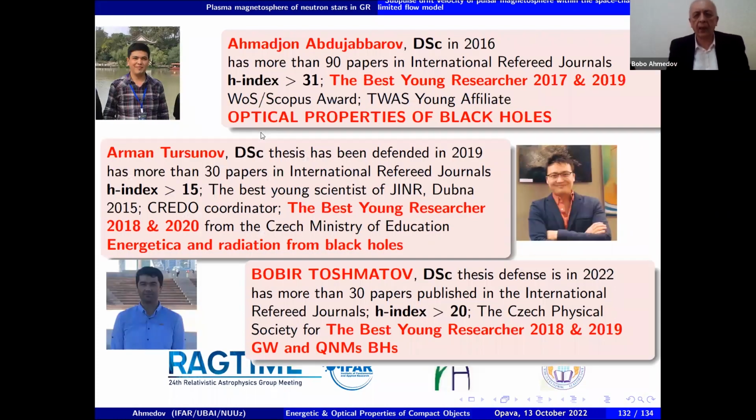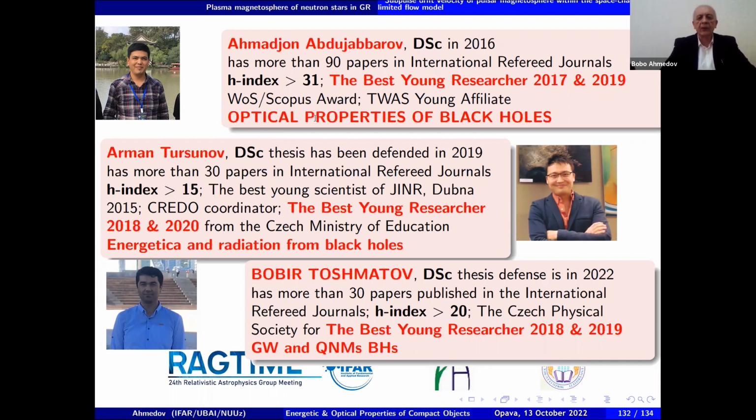And finally, I would like to mention that the driving force in our group is the younger generation. Here I put the people who have obtained what, in our case, is called habilitation, the Doctor of Sciences: Ahmadjon Abdujabbarov, Arman Tursunov, and Bobomurat Ahmedov. It is important to mention that Arman Tursunov is still in Opava, and Bobomurat Ahmedov trained in Opava and recently got this habilitation.